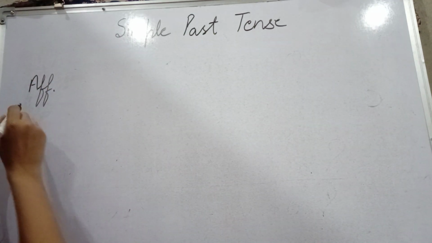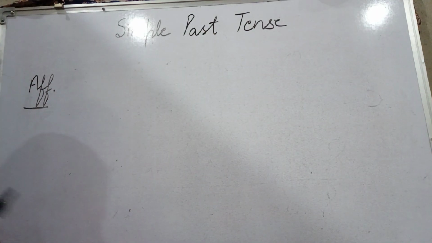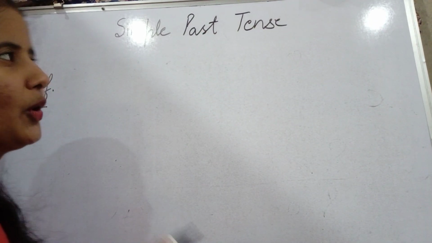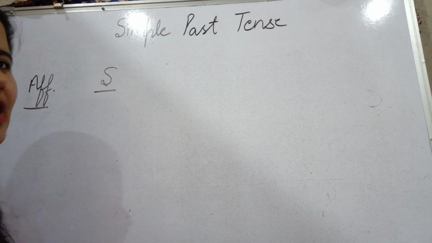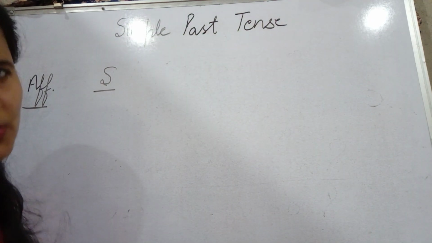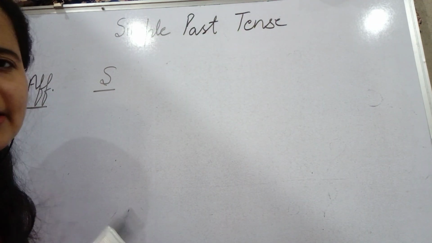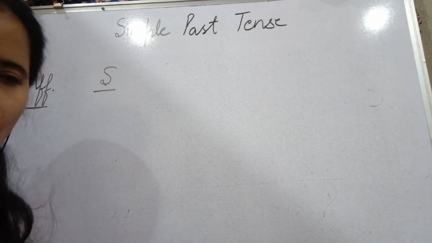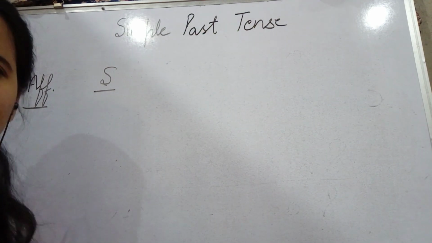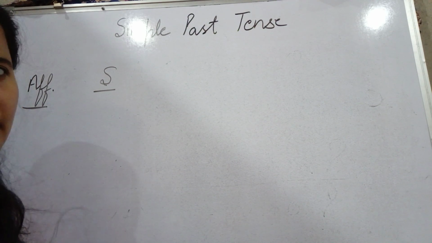To form an affirmative sentence in simple past tense, first of all you need to write the subject. Students, we have discussed earlier what the subject is. Subject means the doer of an action. Whoever does the action, whoever does the work, is called a subject.